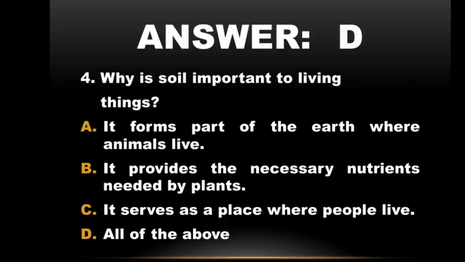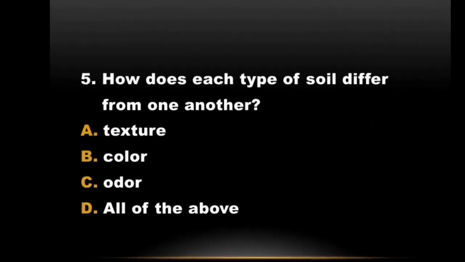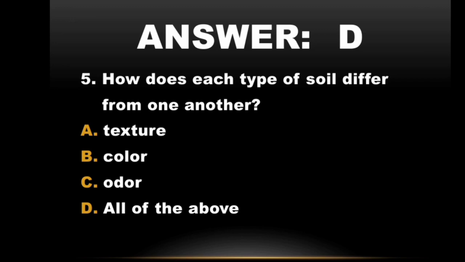The correct answer is letter D. Number 5. How does each type of soil differ from one another? A. Texture, B. Color, C. Odor, D. All of the above. The correct answer is letter D.